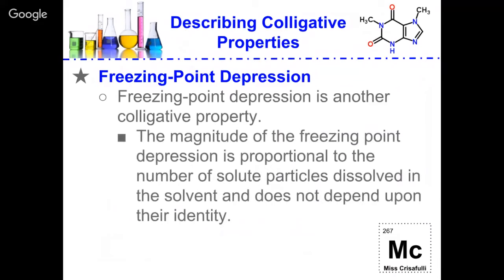The magnitude of that temperature change depends on the number of solute particles dissolved in the solvent, not on their identity. This is why in the winter we throw rock salt, calcium chloride, magnesium chloride, any of the salts, so that's a metal with a halogen, on our roads and sidewalks. We also pre-treat our roads with that material, because when water hits the pavement and melts, it will mix with our salt and make a solution.